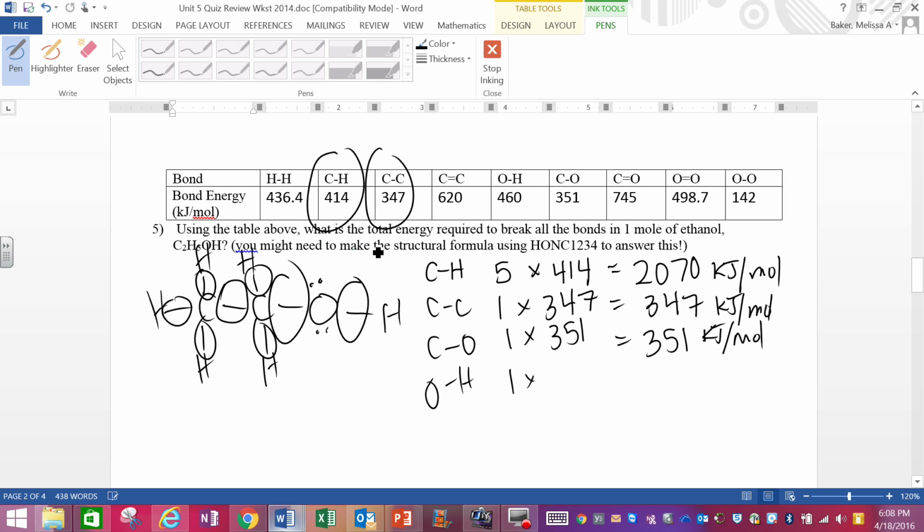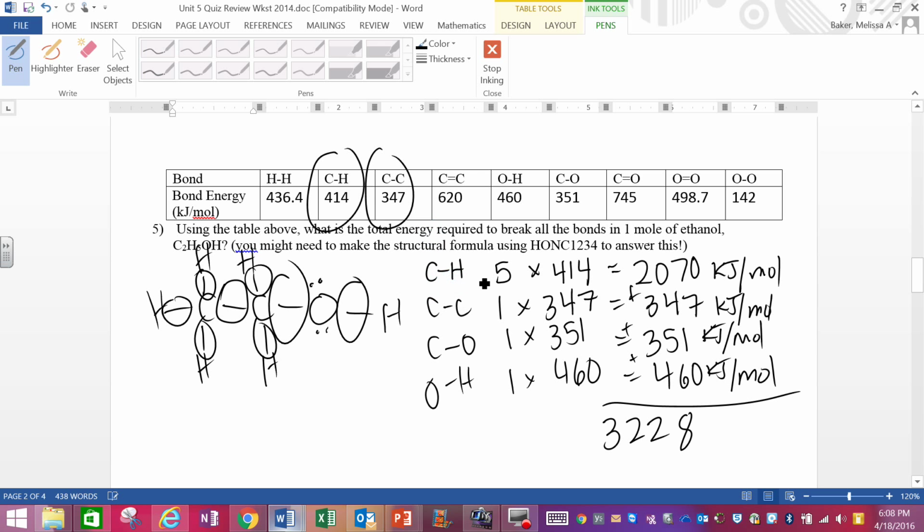According to the chart, it takes 460 kilojoules to break 1 mole's worth of OH bonds. Now I'm going to add all of these together to find out the total energy to break the bonds in 1 mole. It's 3,228 kilojoules per 1 mole. And the question asked how much it takes to break 1 mole, so we can just say 3,228 kilojoules.